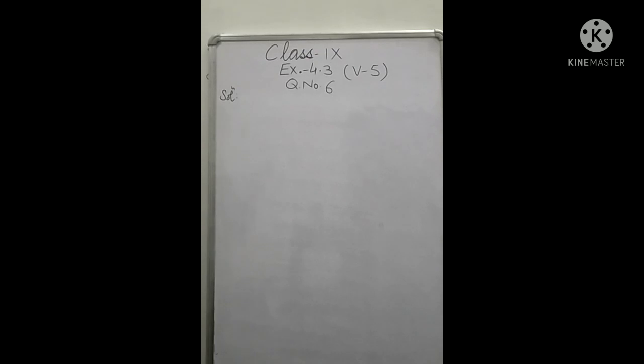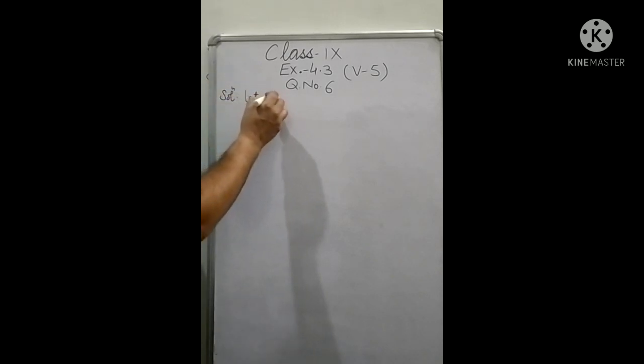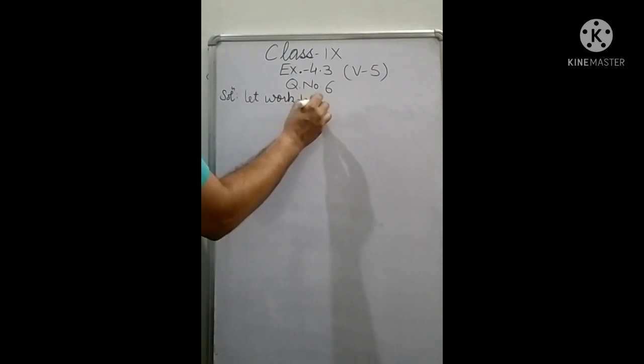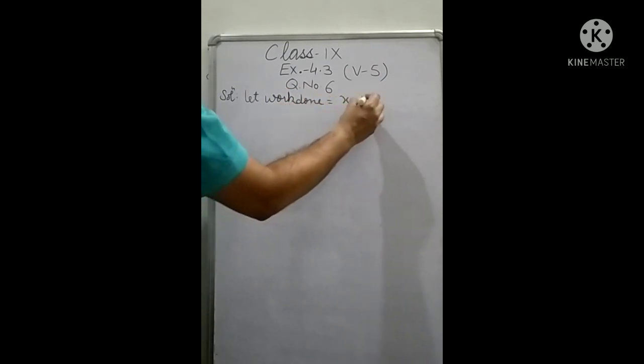So here we are given that the work done is directly proportional to the distance, right? So we will take two things. Let work done be x unit.